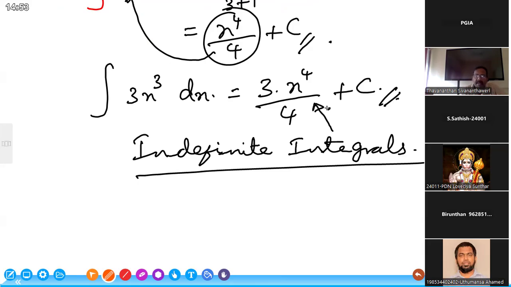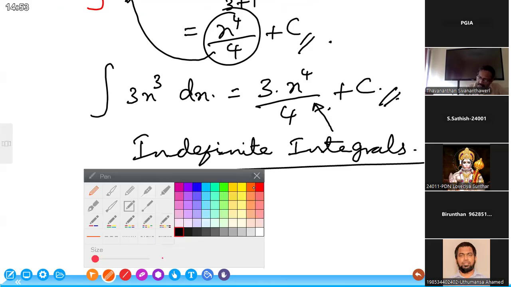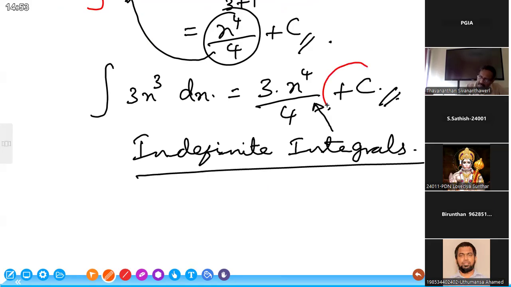Why are they called indefinite integrals? See here. Here we are not sure about the value for c. Even though we can integrate it up to a certain level, we are not sure about the value of c. For example, 3x to the power 4 by 4 plus 16.